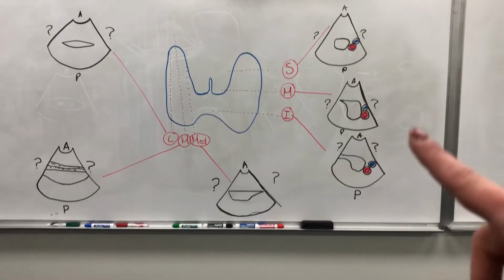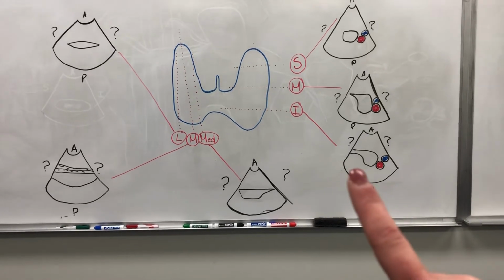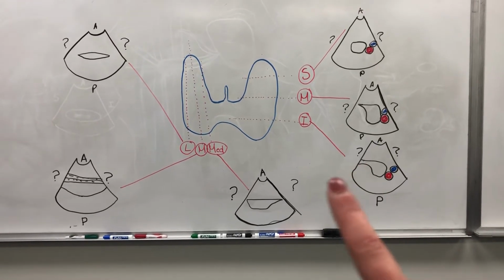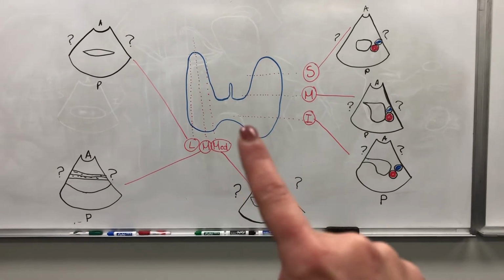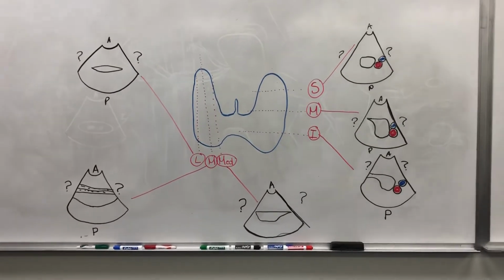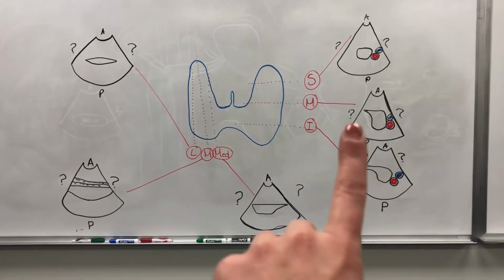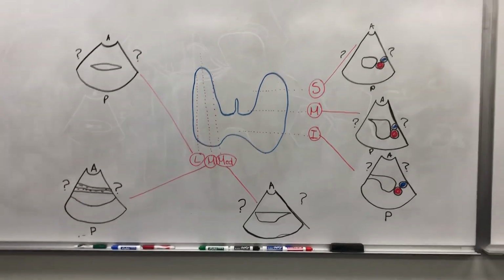And then we move down towards the inferior portion of the thyroid, and you can see here that there's a little bit more isthmus in the picture. When we start getting inferiorly, that's where that isthmus connects. So typically when we're in the inferior pole of the thyroid, you're going to see a bigger piece of it, whereas in the mid portion, you shouldn't really have that thick isthmus.